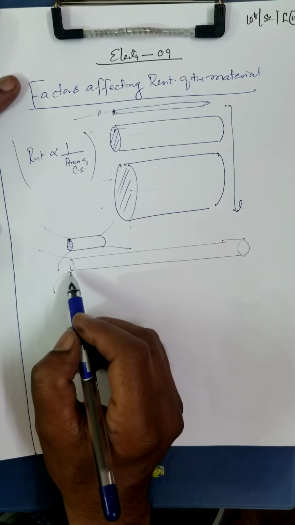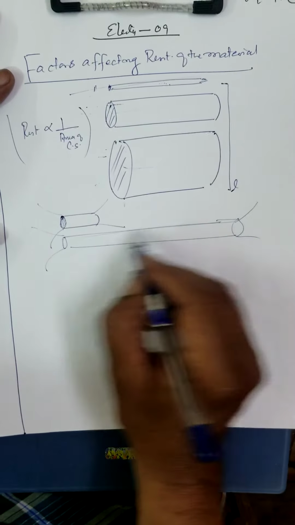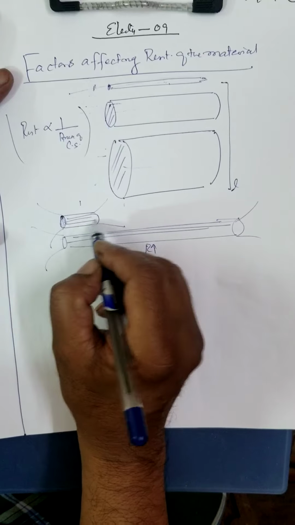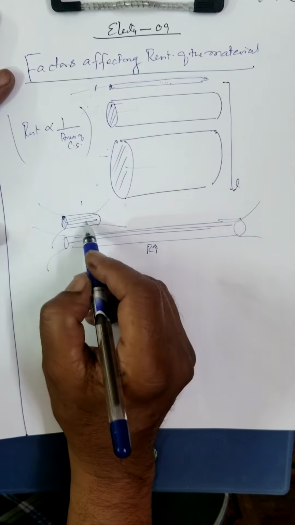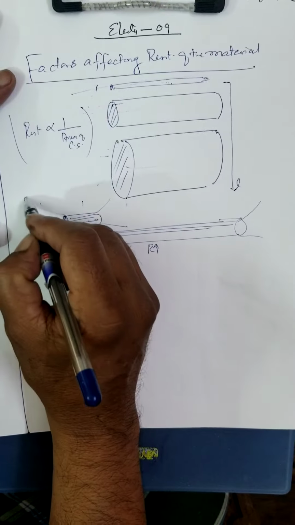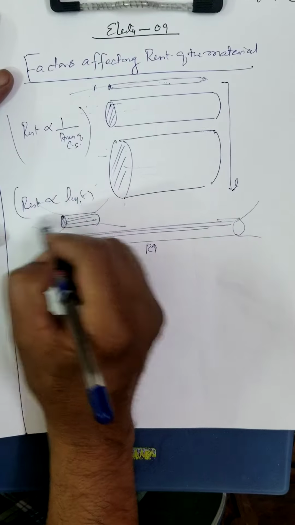But here the same 10,000 charges have to go through a long way. Therefore resistance increases. If your length is very less, resistance is less. But if the length is more, resistance will be more. Therefore, you can call resistance directly proportional to length of the conductor.